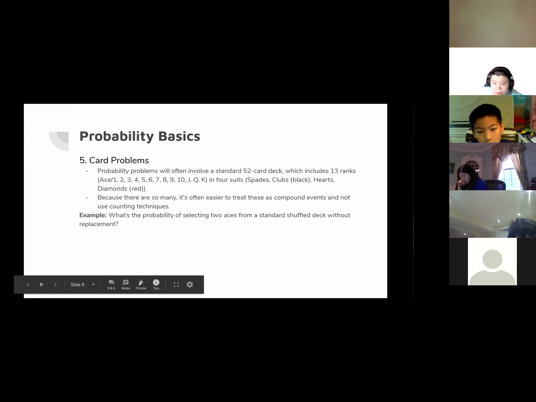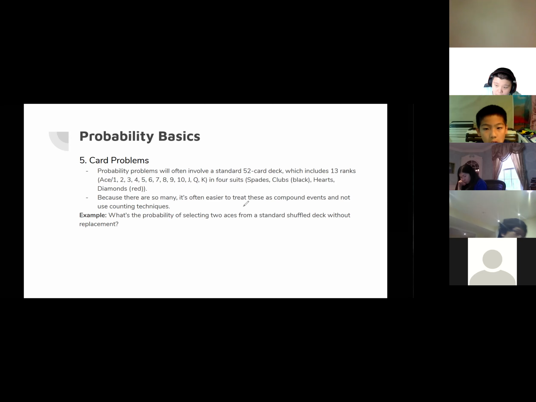So, remember, without replacement. So after you take a card, you can't put it back. So the probability of choosing the first ace is going to be 4 divided by 52 because there are 4 aces and 52 cards.